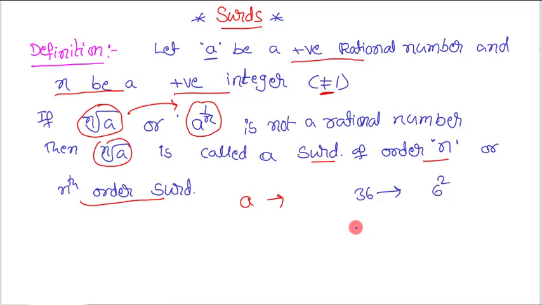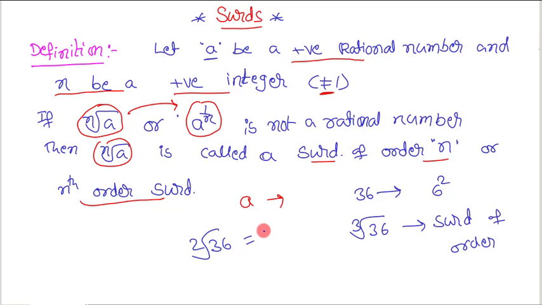So if you take the cube root of 36, this cube root of 36 is said to be a surd, a surd of order 3. But if you take the square root of 36, which is 6, which is a rational number, that's why the square root of 36 is not a surd.